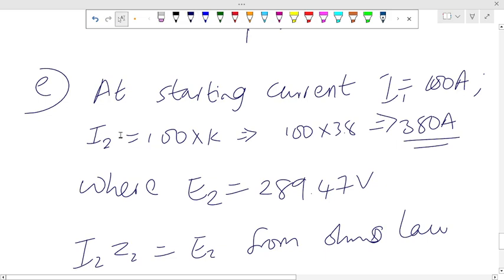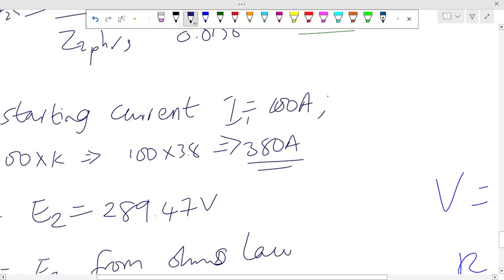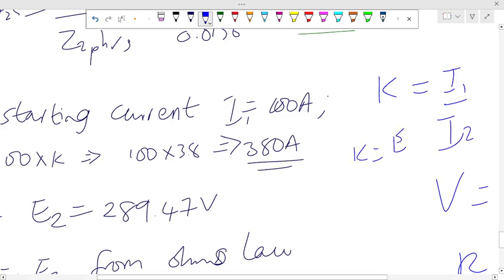Now our rotor current will be our stator current multiplied by the transformation ratio. Now, why are we multiplying by the transformation ratio? Look at this. Note, we said K equals I1 over I2, same thing as saying K equals E2 over E1.